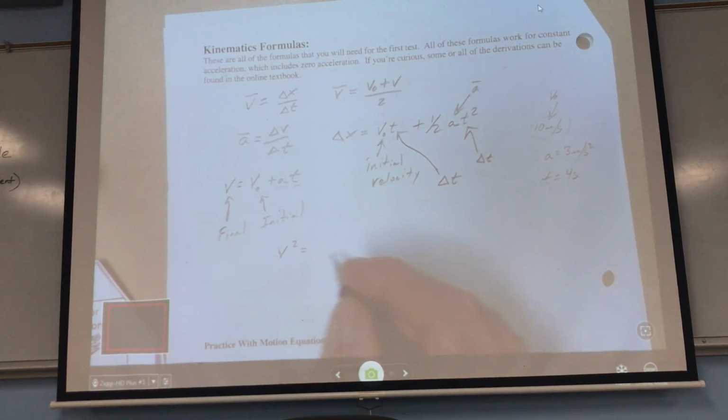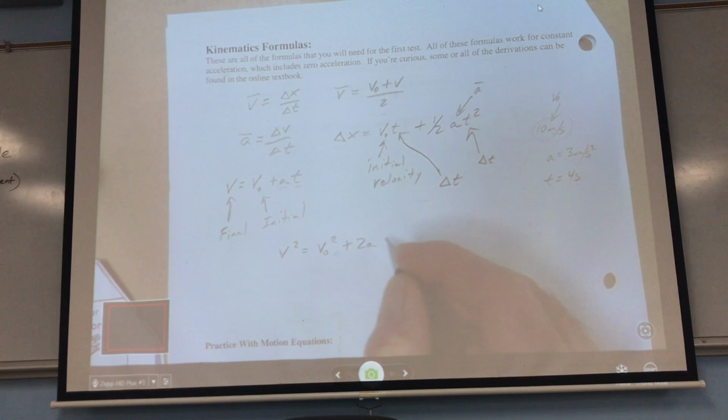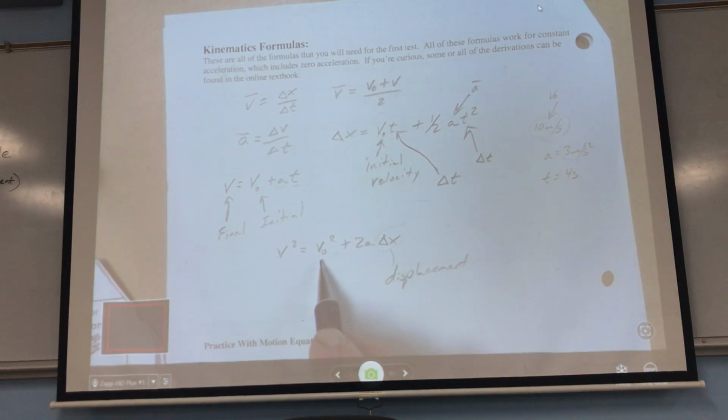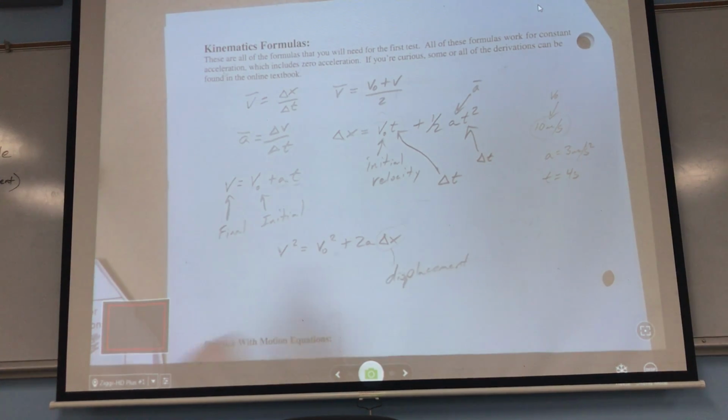So v squared equals v0 squared plus 2a delta x. This is displacement, and this is acceleration, initial velocity squared, final velocity squared. You don't really need that, but it's really handy. It saves time.